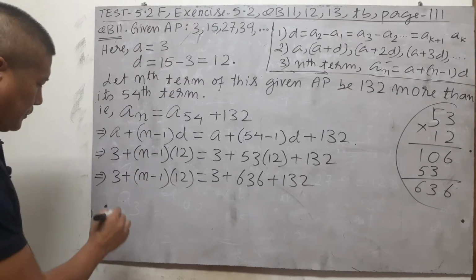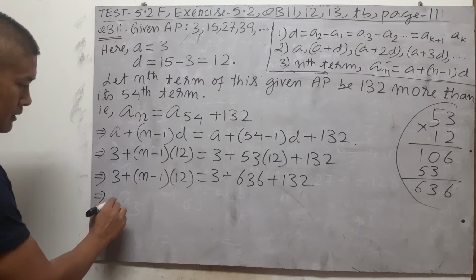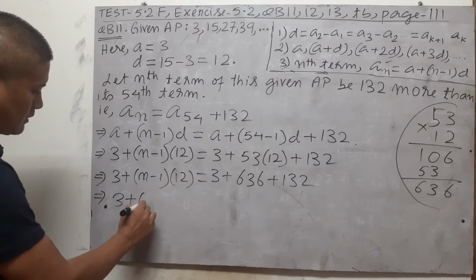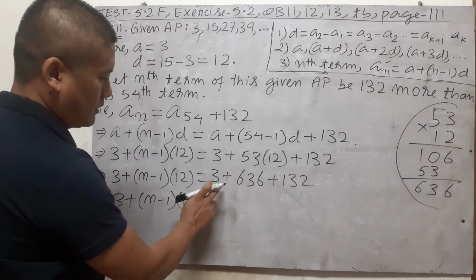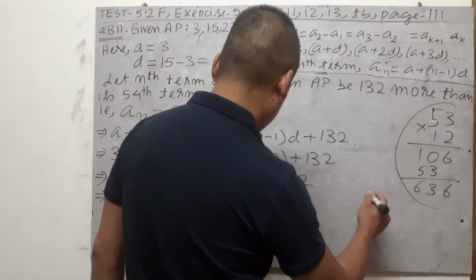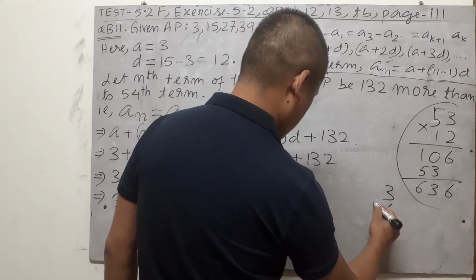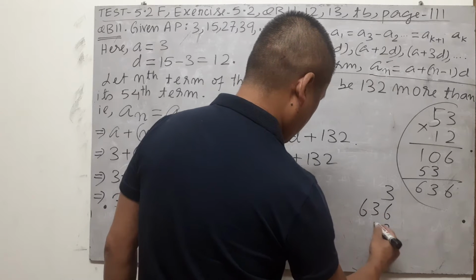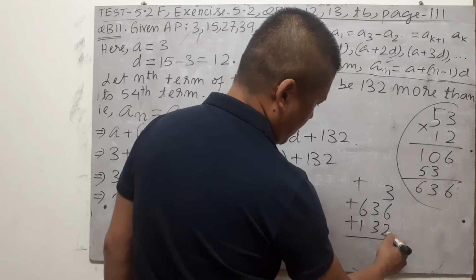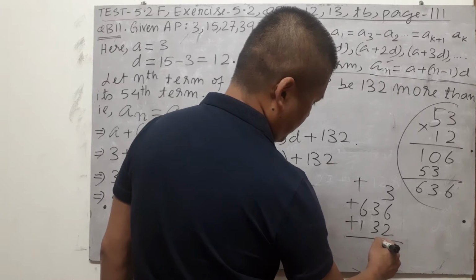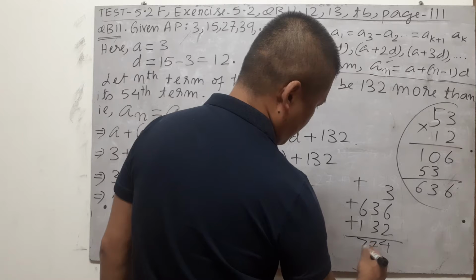Okay, so here that gives you 3 plus n minus 1 into 12. Same thing, just keep it: this plus this plus this. So 3 plus 636 plus 132, all are plus, so we have to add: 12, 13, 14, 1 in hand, 6 plus 1 remainder 7, and here 7, so 774.